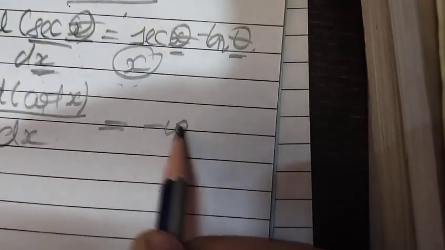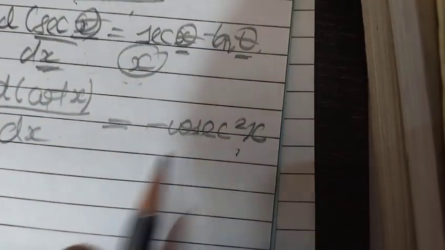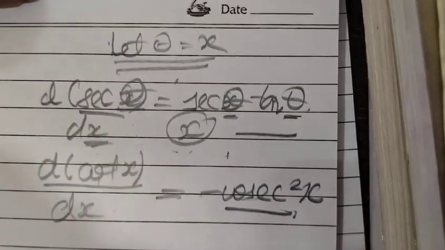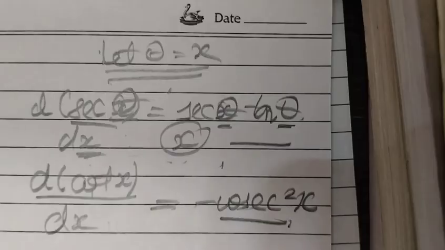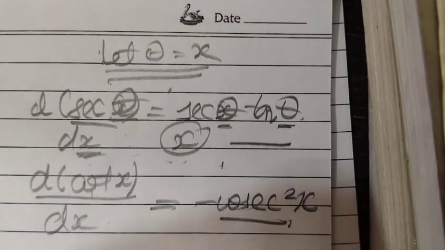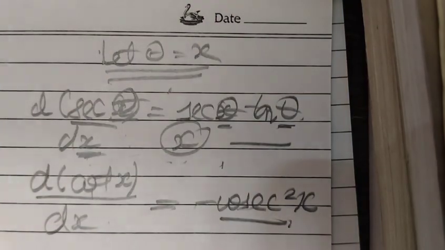Okay, d of cot x upon dx is equal to minus cosec square x. These are the six trigonometric ratios. These are the differential coefficients of y with respect to x for the six trigonometric ratios, and that's it.